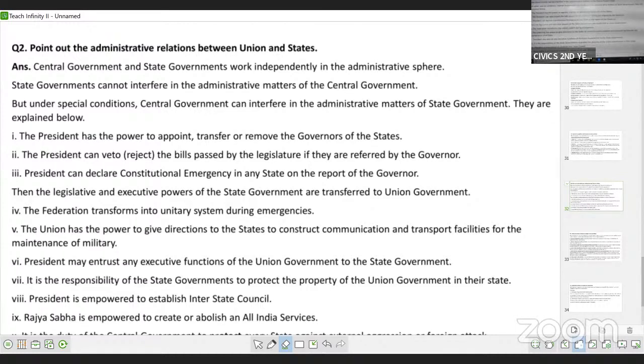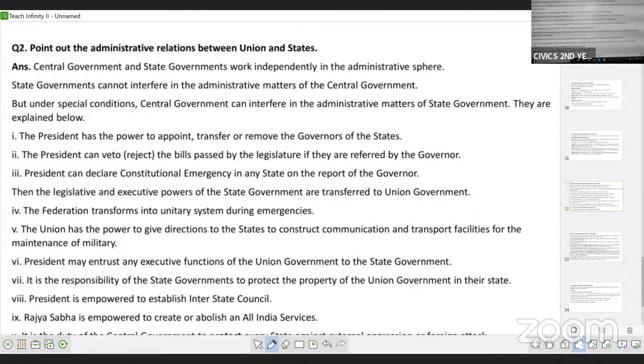Next is administrative relations between the union and the state. Basically, both the central and state governments work independently in administrative matters. The state government cannot interfere in the matters of the central government.